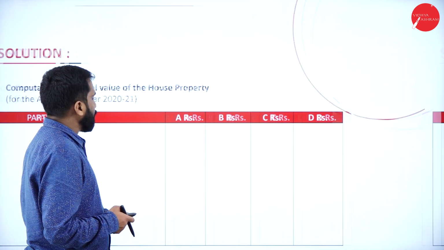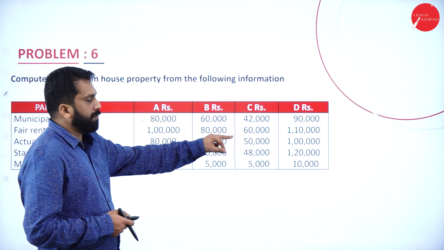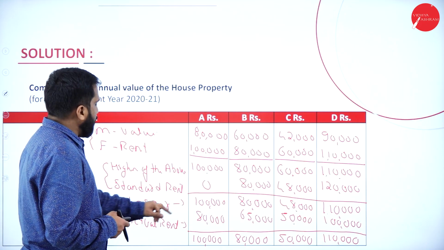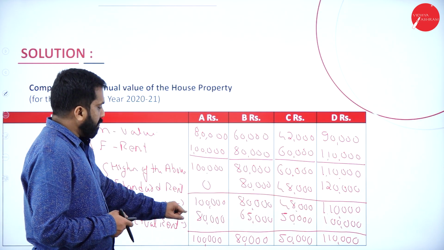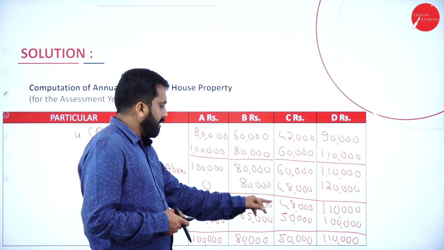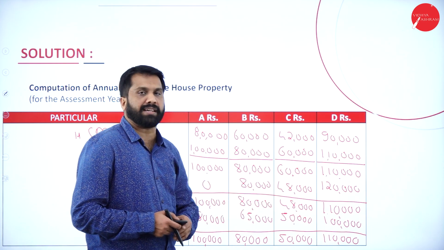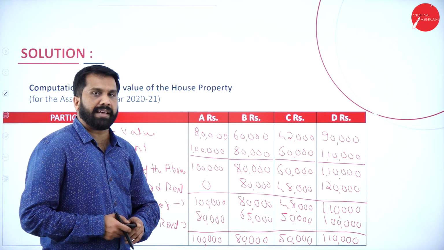We'll go for higher value. Your actual rent is 80, 65, 50, 1 lakh. Higher value. Out of this, 1 lakh is higher. Out of this, 80,000 is higher. In this, 50,000. In this, 1,10,000. Hope you are clear. Yes, these were all about your calculation.